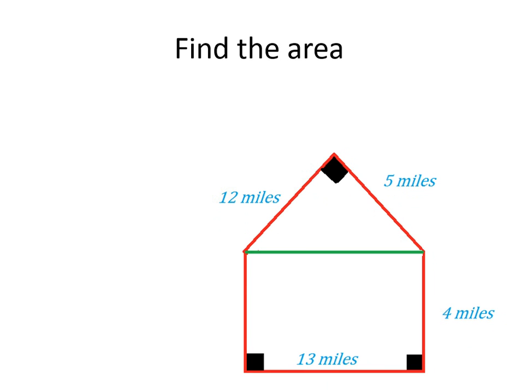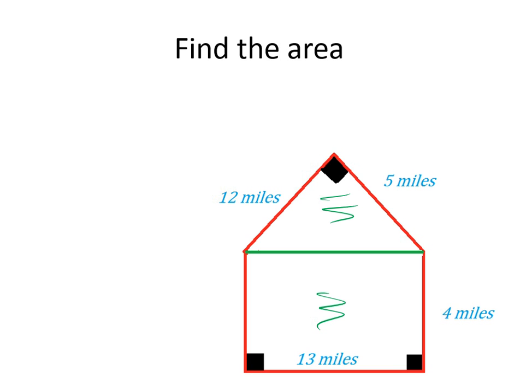And so what you'll do is that you can break it up into parts. So you have this green line that's drawn, and now you see we have a triangle, and then you have a rectangle that are being attached to each other. So if you can find the area of this triangle and then find the area of this rectangle, you just add them together.